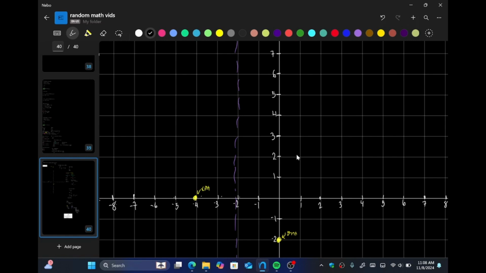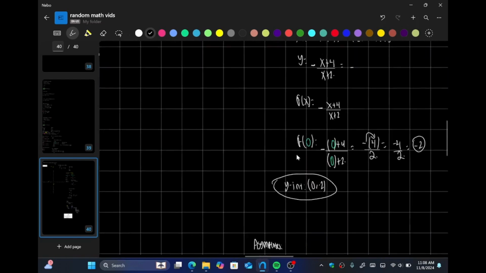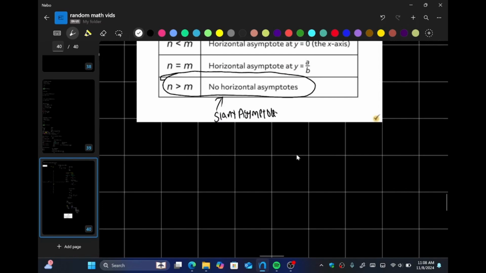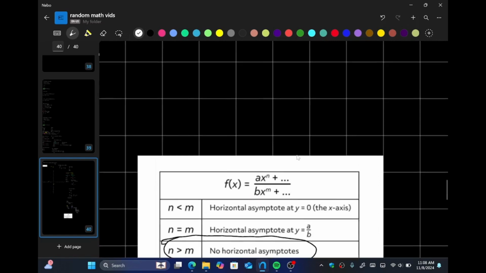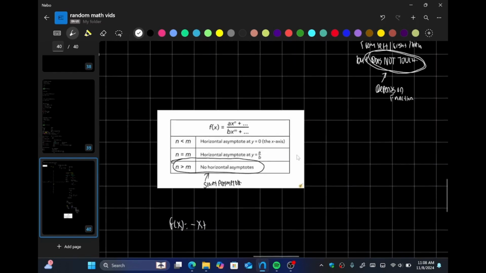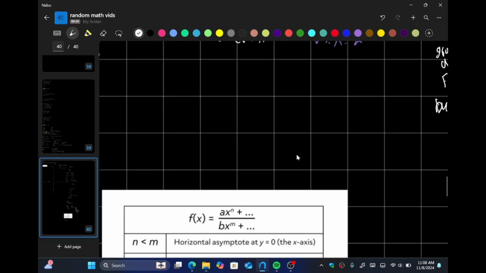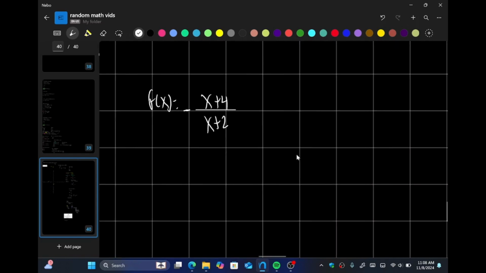But yeah. So obviously here, guys, we want to look at the actual function. So f of x is negative x plus 4 over x plus 2, right? Yes. So if you think about it, guys, don't worry about this part here.